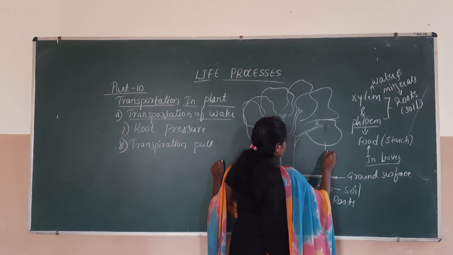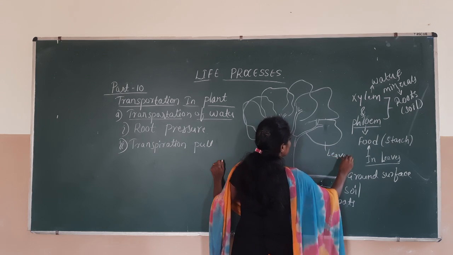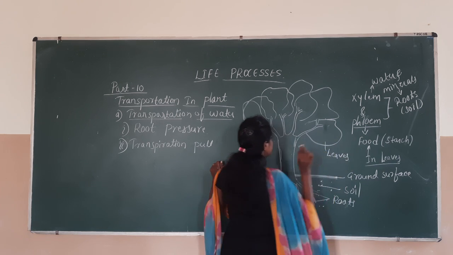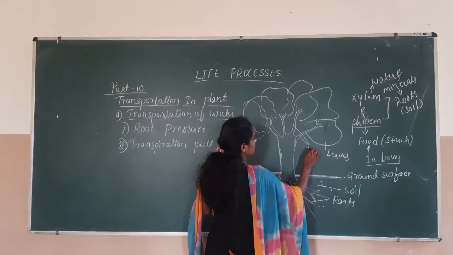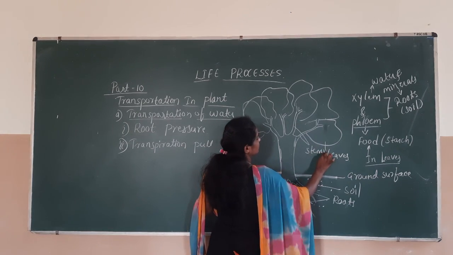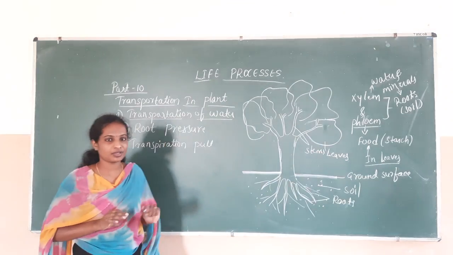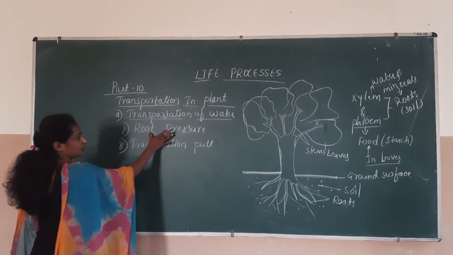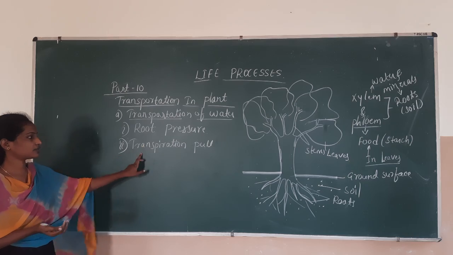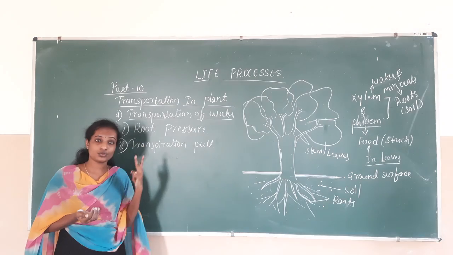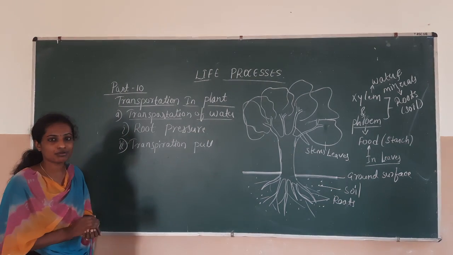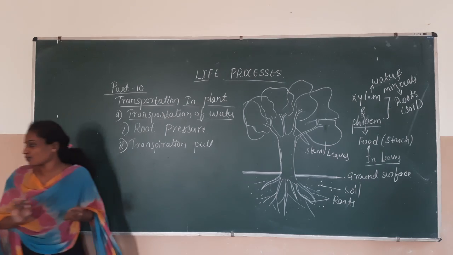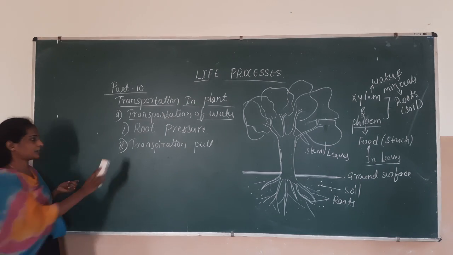This is a simple diagram where I am going to show the transportation of water. These are the two steps: root pressure as well as transpiration pull are the two steps involved in the transportation of water. Let me start with root pressure.